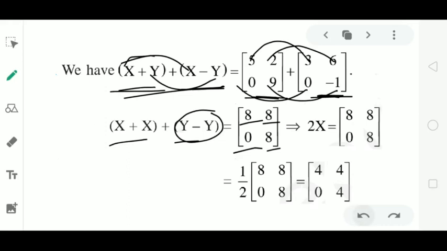So here Y minus Y will be 0 matrix, and also we know that any matrix A plus 0 matrix is matrix A itself.